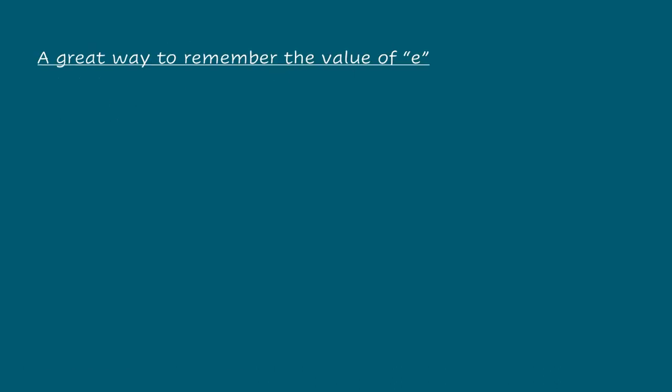There's no need to memorize the value of e. There is an e function on most calculators, but if you can't find it on your calculator or you need to just use an abbreviated form of e and type it in, it's easy to remember. You can just remember that it is 2.7, and then 1828 repeats itself twice.